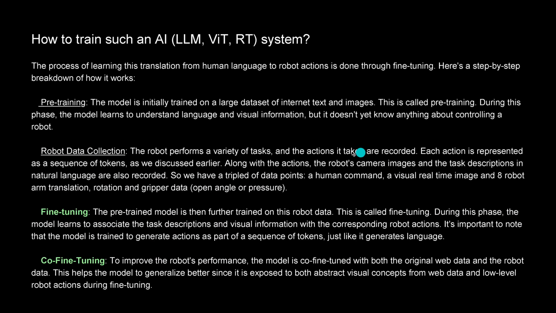And now we have here in green the fine-tuning and the co-fine-tuning. Now that we have the base model and the dataset of our robotic data, we do the fine-tuning. The pre-trained model is further fine-tuned on this robotic dataset. During this phase, the model learns to associate the task description and the visual information of the base model with the corresponding robot action.